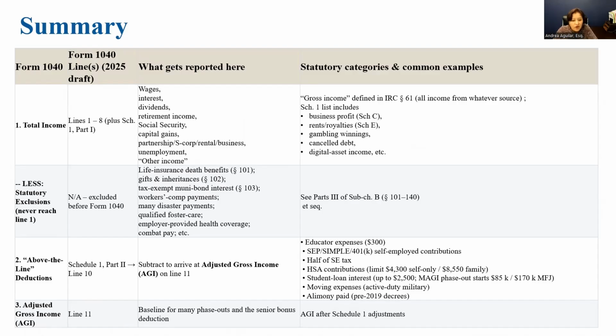Kind of disregard that, but this is giving you a general idea of what's going on in your tax return. And hopefully, once you see this, you can remember everything that we have covered so far.